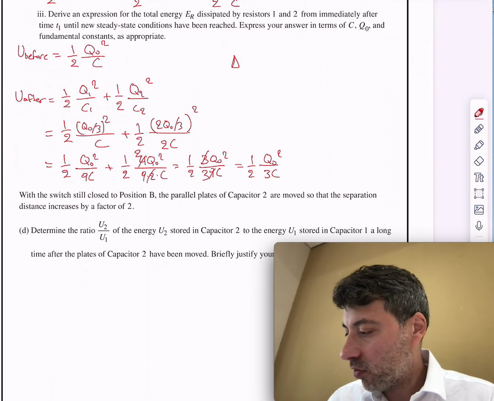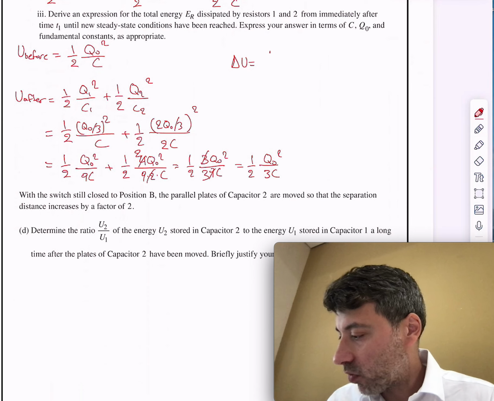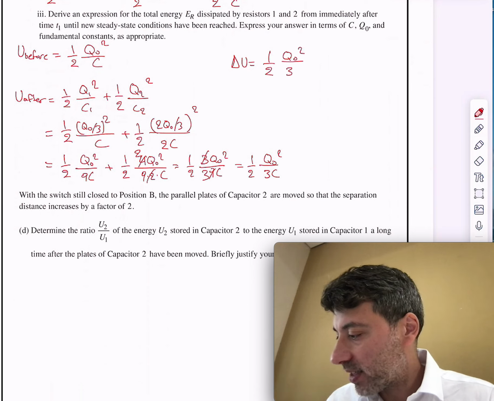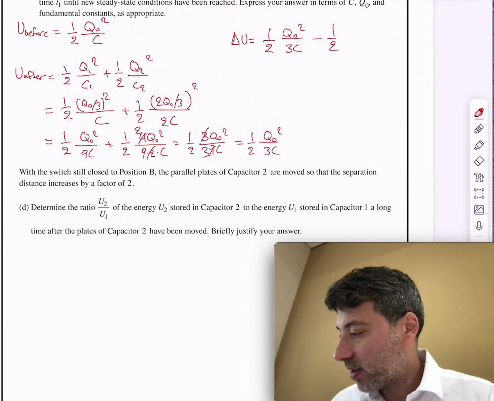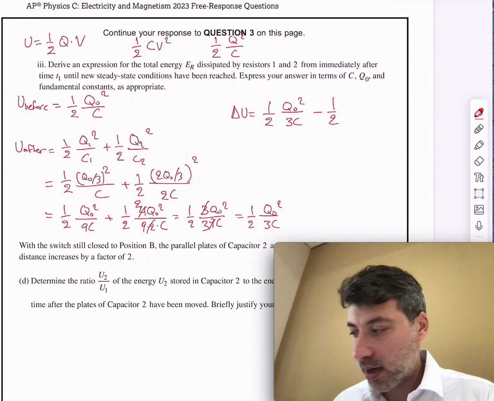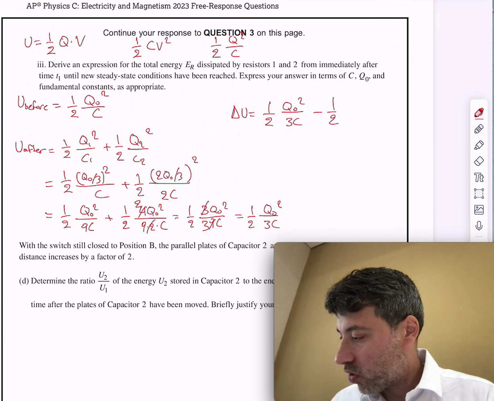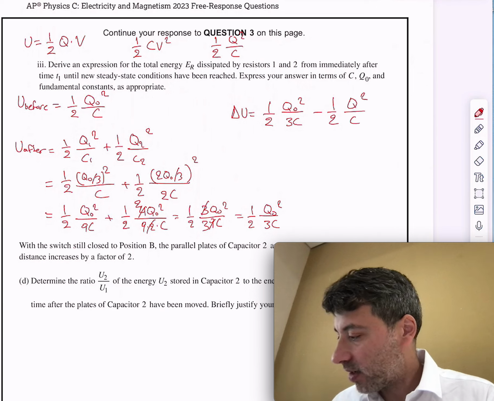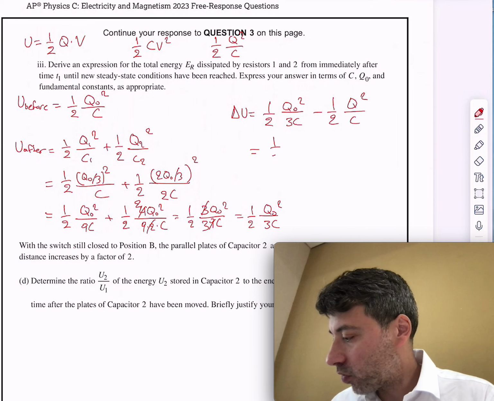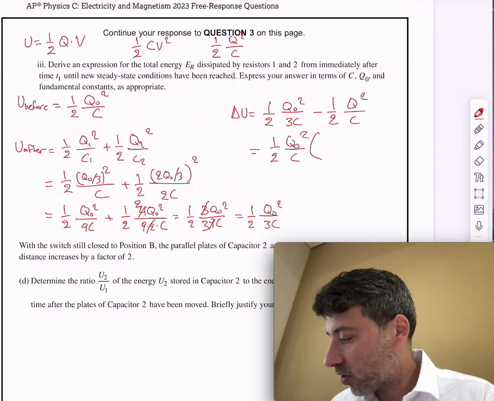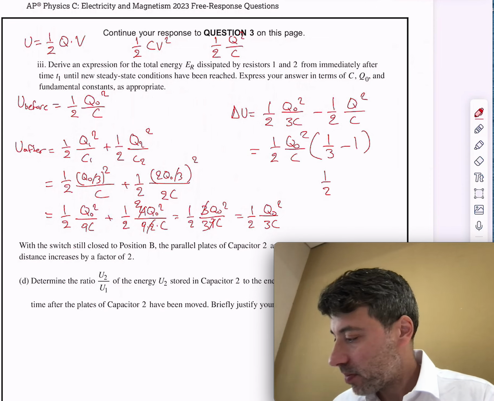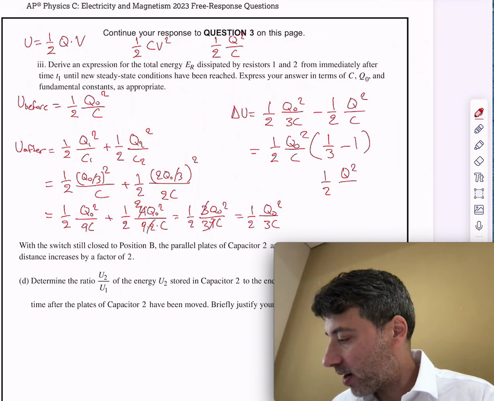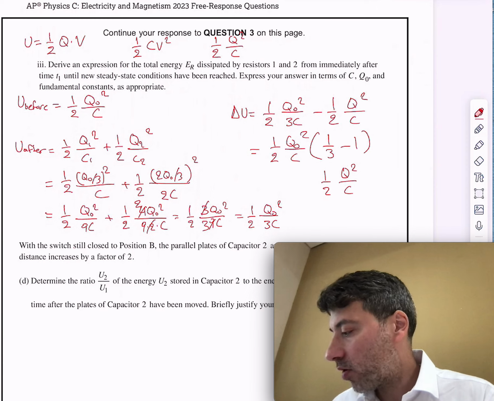So the delta U is 1 over 2 Q0 squared over 3C minus 1 over 2 Q0 squared over C. And 1 over 2 Q0 squared over C is a common factor, so 1 over 3 minus 1, so 1 over 2 Q0 squared over C times (1 over 3 minus 1), which is minus 2 over 3.